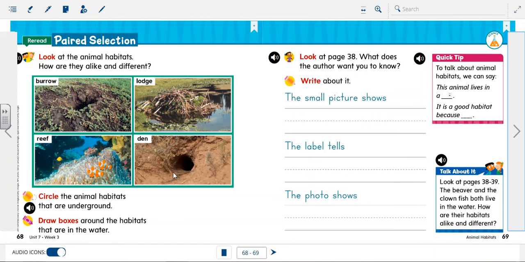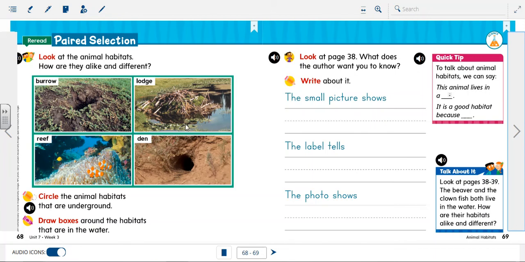My next direction says draw boxes around the habitats that are in the water. So we had two that were underground, and which two are in the water? That's right. I think we would have a box around the reef for sure.